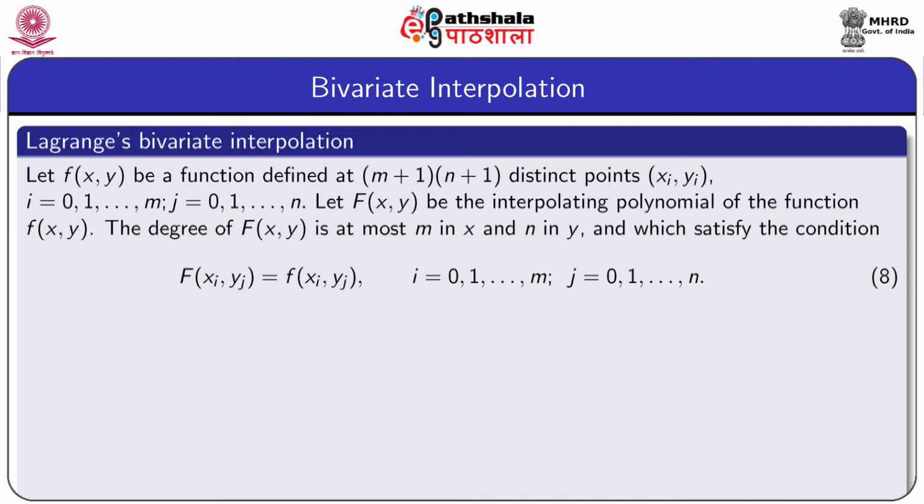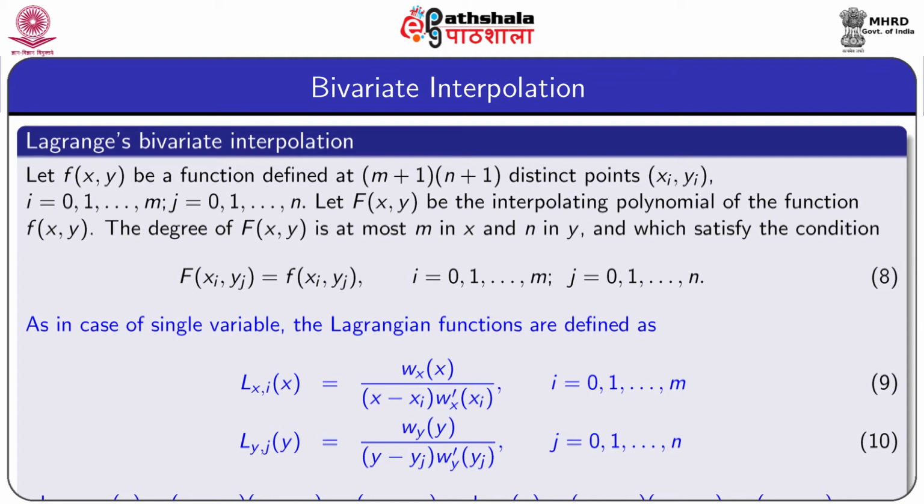The degree of capital F of xy is at most m in x and n in y, and which satisfies the condition capital F of xi yj equal to small f of xi yj, where i equal to 0, 1 up to m and j equal to 0, 1 up to n. So, this is the first criteria of any kind of interpolating formula.